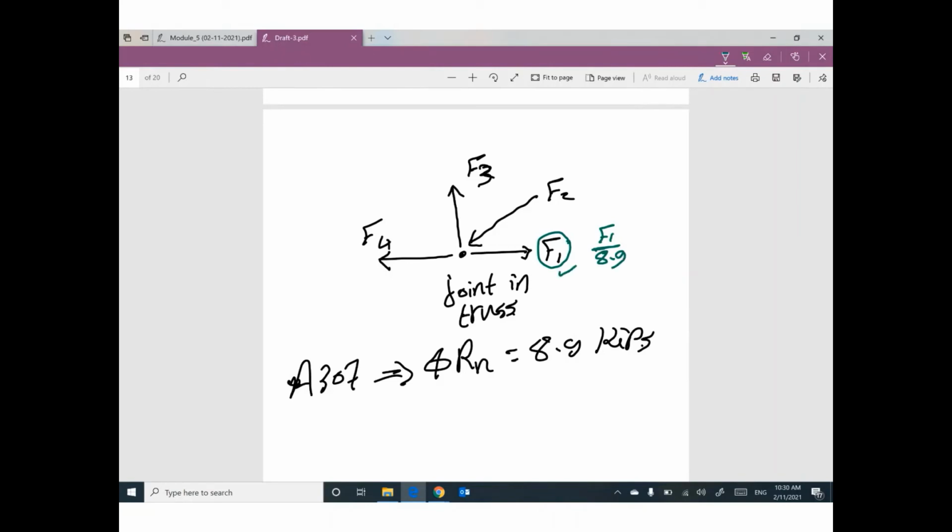You can get the number. We can assume we need 3 bolts, for example. For this one, I will divide F2, the force in this member, by the design strength of 1 bolt. I'm going to assume I need 4. For this one, I'm going to assume I need 3. For this one, I'm going to assume I need 5.